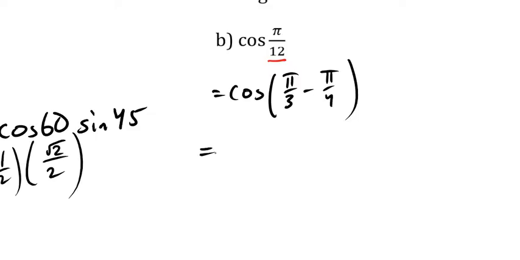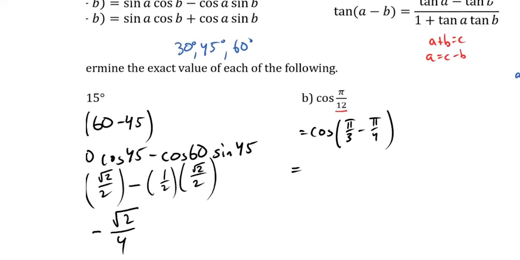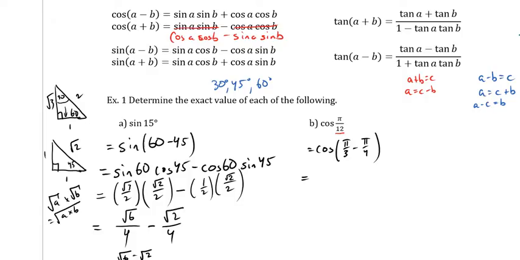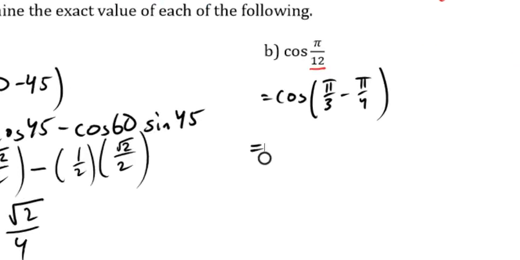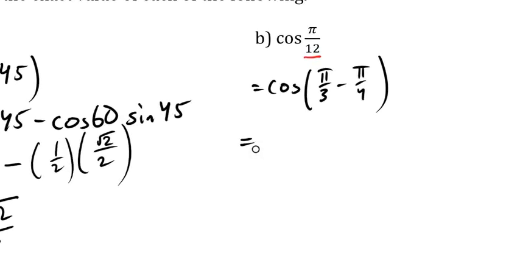All right, so go ahead and rewrite this with our formula. Remember, cos is cos, cos, sine, sine, and the sign changes.